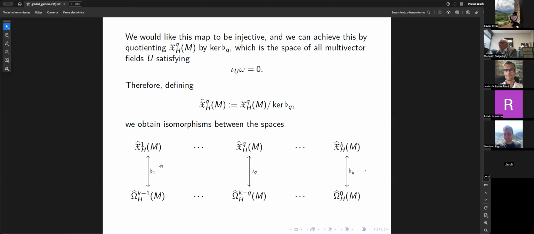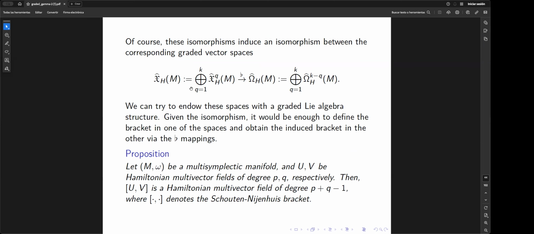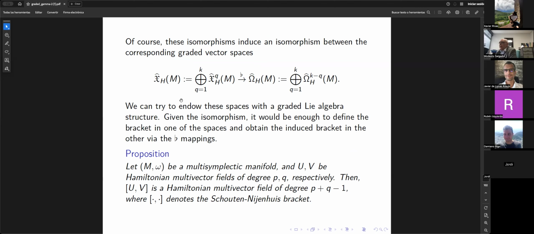So these are not multivector fields and forms. There are classes of multivectors and classes of forms. But this is well defined. And so we can consider the sum of these spaces. And so we will end up with this graded algebra with a graded bracket. Okay.